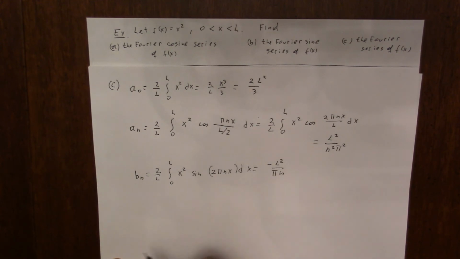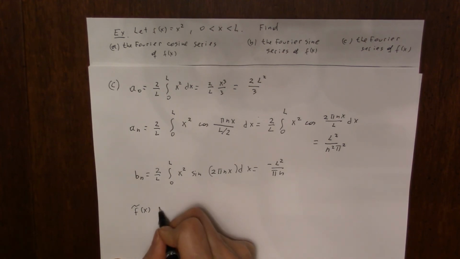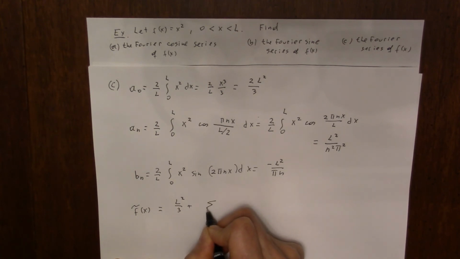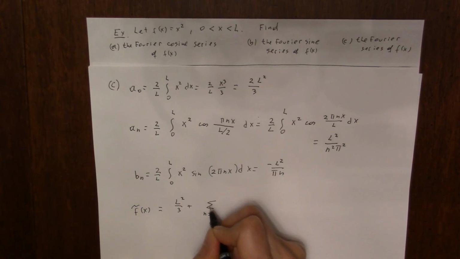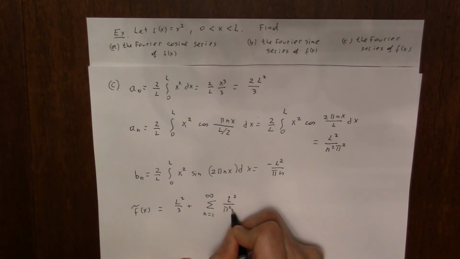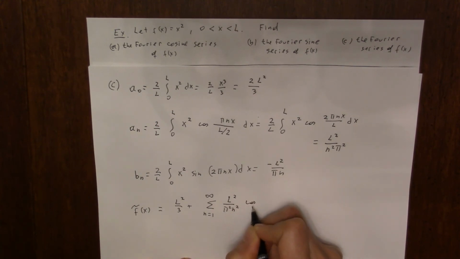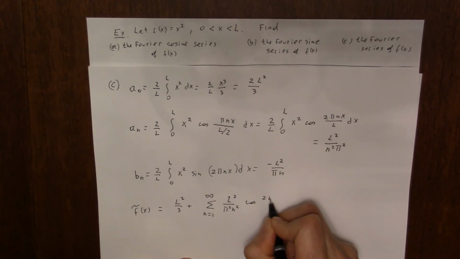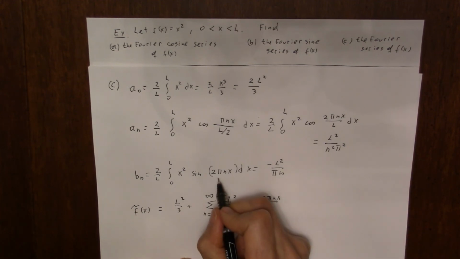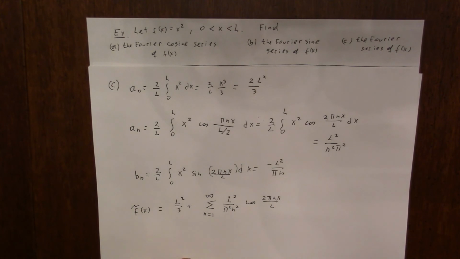And now we are ready to write down what will be the tilde function for a series. So it's going to be a0 over 2, L squared over 3, plus the sum from 1 to infinity of An, which is L squared over pi squared n squared cosine of 2 pi n x over L. In my previous calculation, I forgot to put L here in the sine.